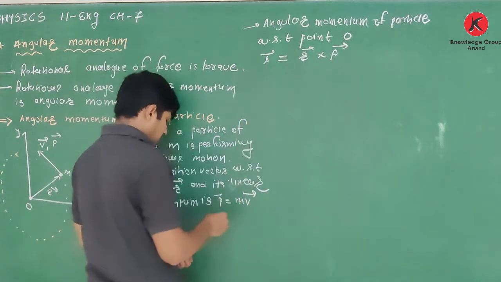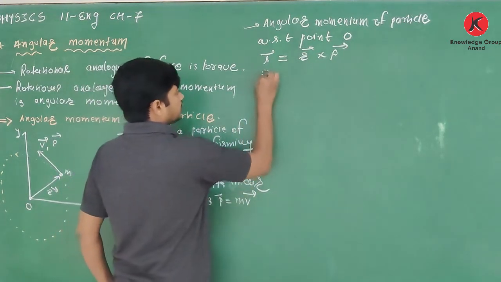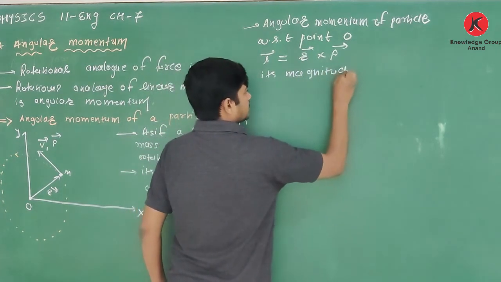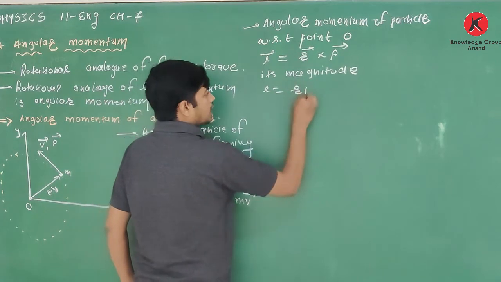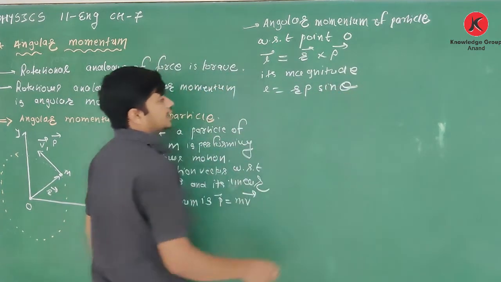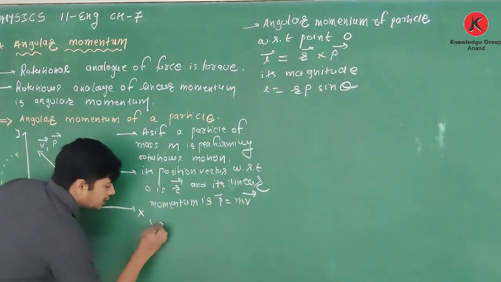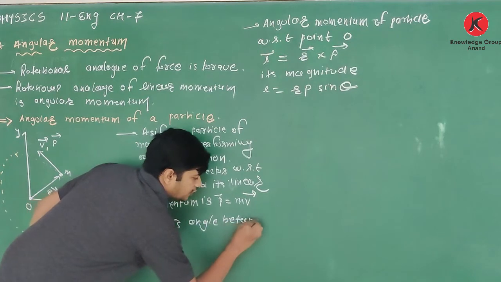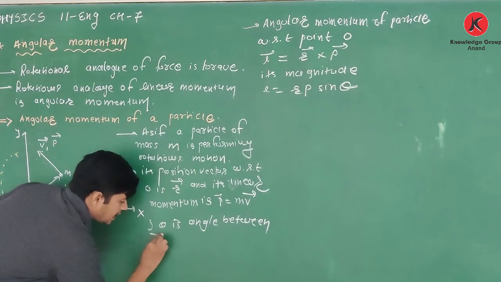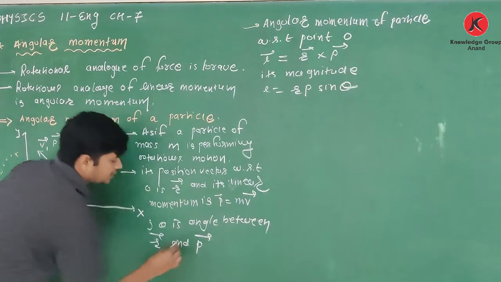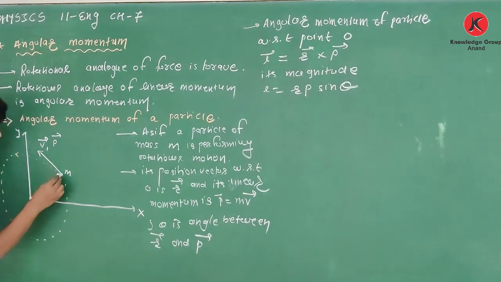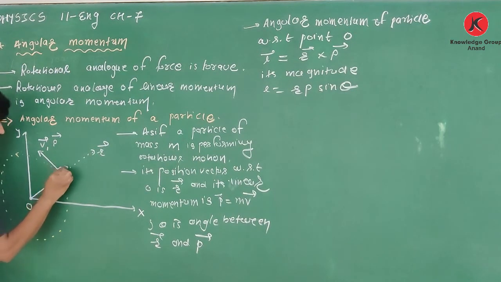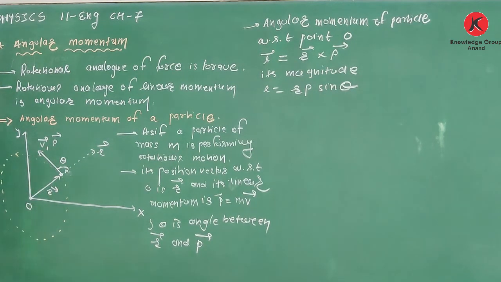How to write its magnitude? Its magnitude is L is equal to R P sin theta, where theta is the angle between R and P. Clear about this?